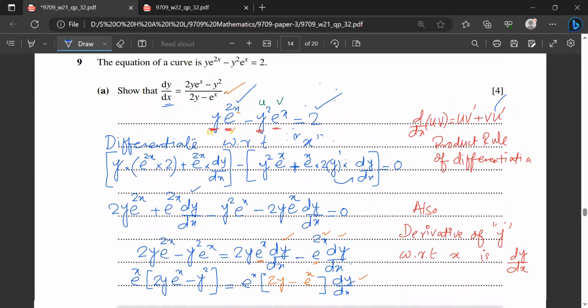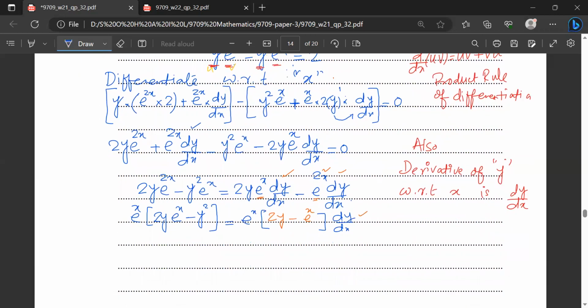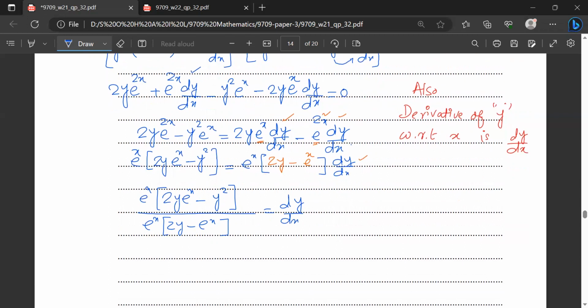Next, you can cancel e power x on both sides, and finally we have 2y e to power x minus y square, divided by 2y minus e to power x, equals dy by dx.